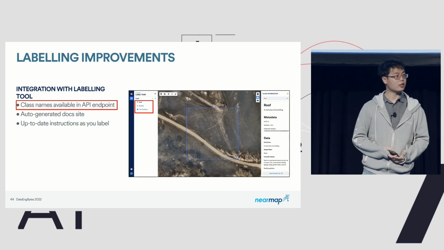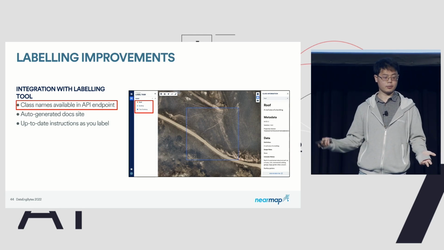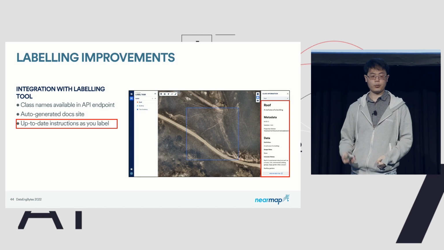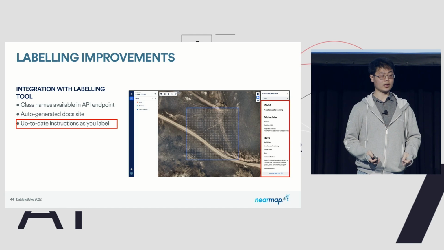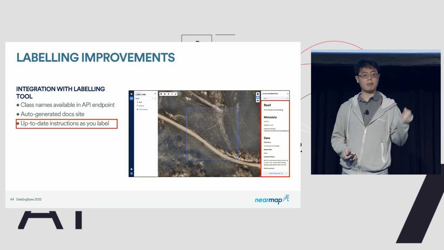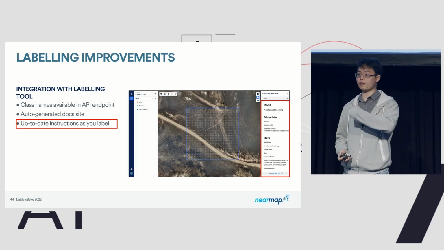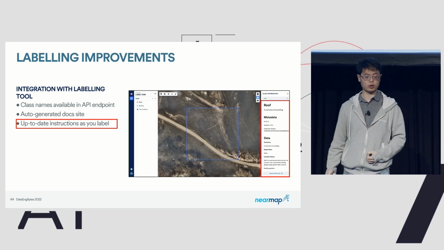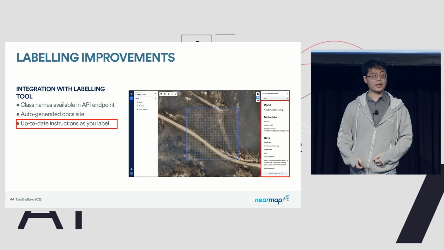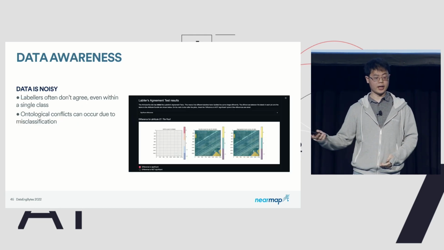The auto-generated doc site that we mentioned earlier has also been integrated in. And we actually display all these instructions to the labelers right as they're doing the labeling for us. And we can make sure that the version of the instructions that they see matches the version of the data that's actually being produced.